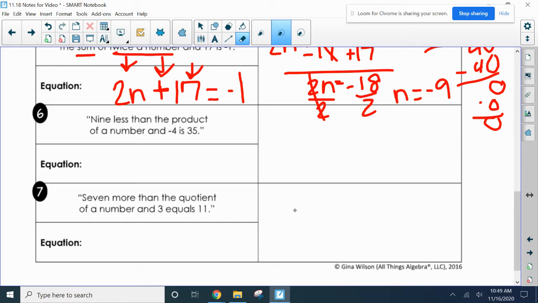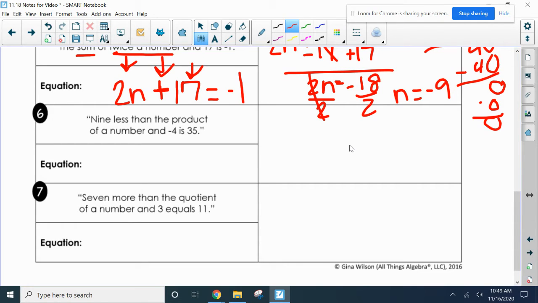9 less than the product of a number and 4 is 135. All right. So we know 9 less than the product of a number.